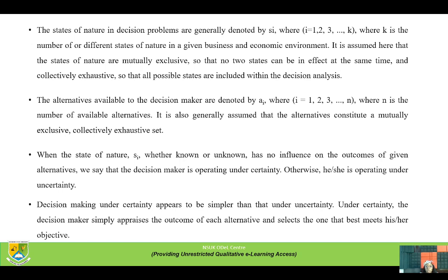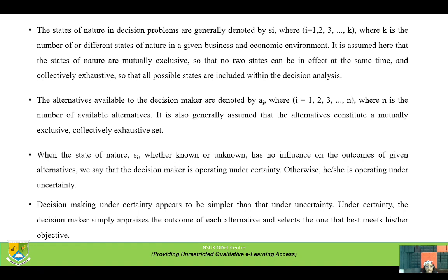It is assumed here that the states of nature are mutually exclusive, so that no two states can be in effect at the same time, and collectively exhaustive, so that all possible states are included within the decision analysis.